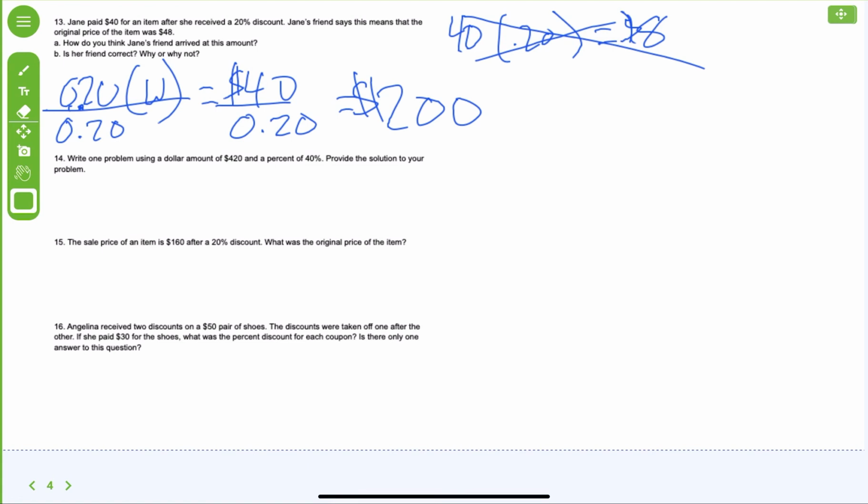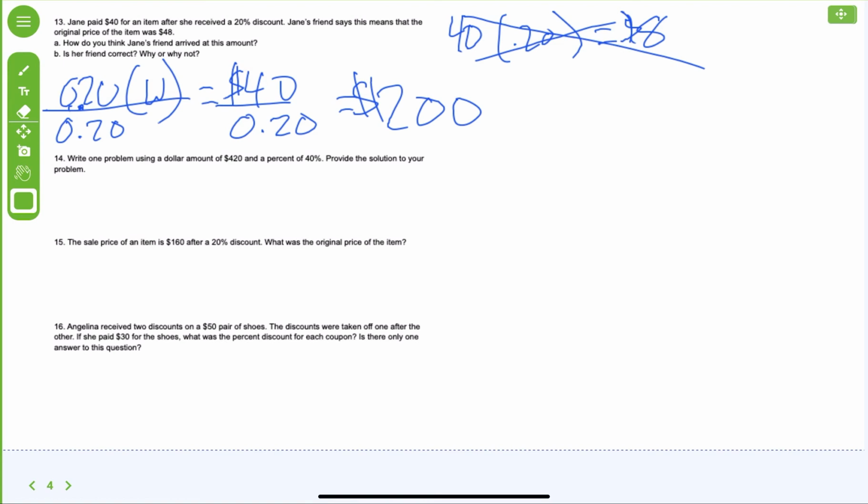She paid $40 for an item after she received a 20% discount. Is that correct? Let's think about it. It's 20% of $200 that she paid. No. What did she actually pay? Did she pay 20%?